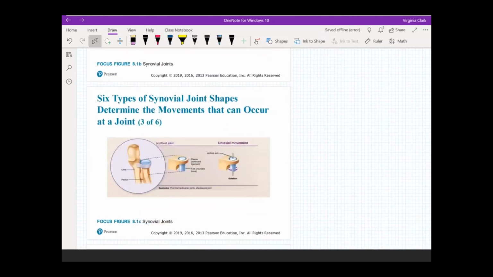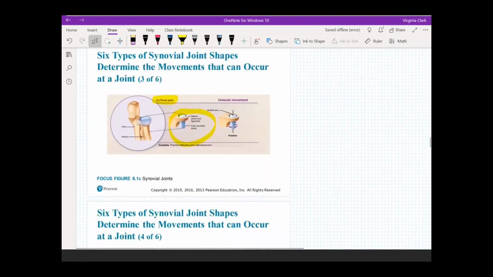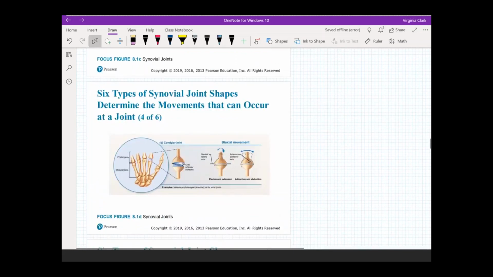Then another type of joint connection based on the articular surface is a pivot joint. This kind of is like a door frame. There's this structure where the bones can pivot around the joint. The radius and your ulna, the lateral side of how they connect, will be that. And then the next one is a condyloid.